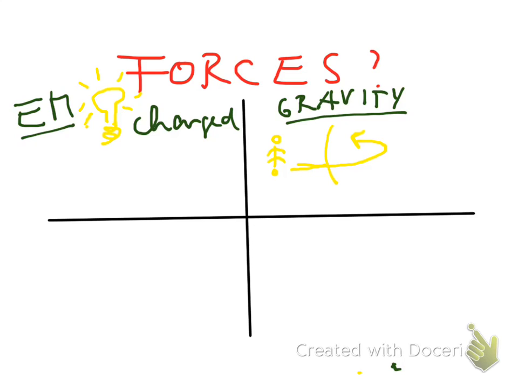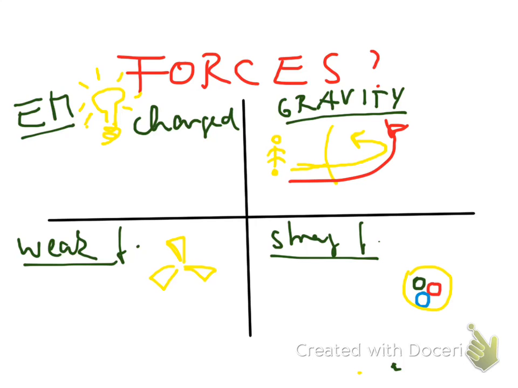There's gravity, what keeps us from floating around in space, but keeps us on firm ground, and also what makes the Earth revolve around the Sun, and the Sun revolve around the center of the galaxy, and the galaxy revolve around the center of some cluster of galaxies, and so on and so forth. So it's really, really important. Both of them are really important forces.